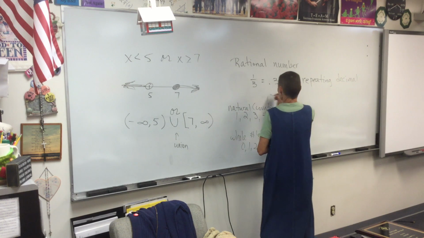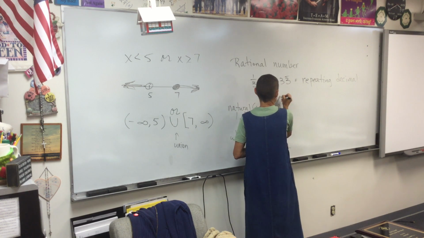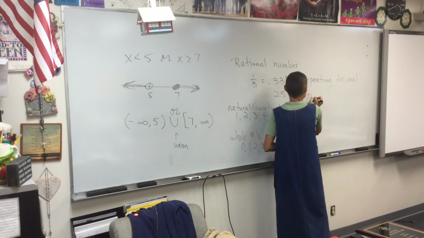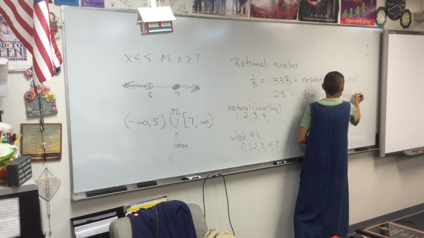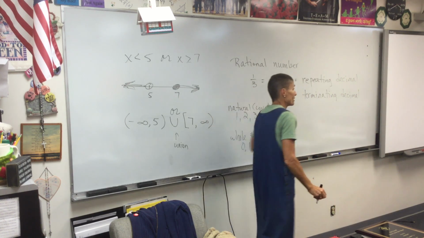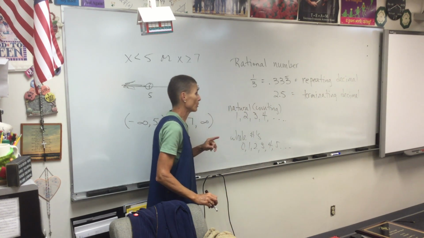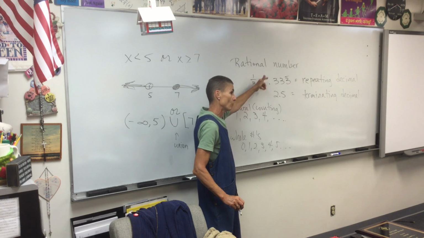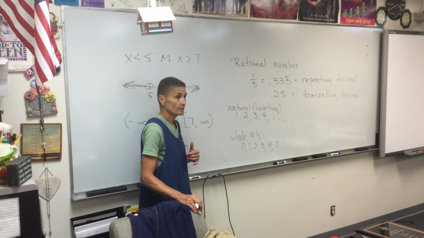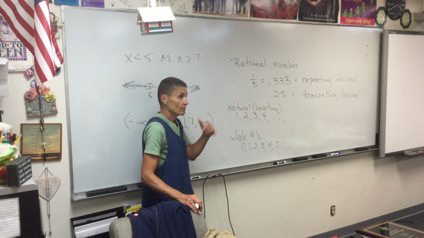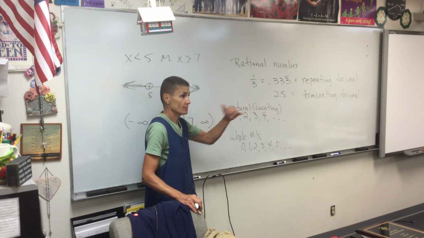If you are a repeating or terminating decimal, you are a rational number. Now, this is important because we need to be able to go back and forth. Now, Jason was talking about fractions.